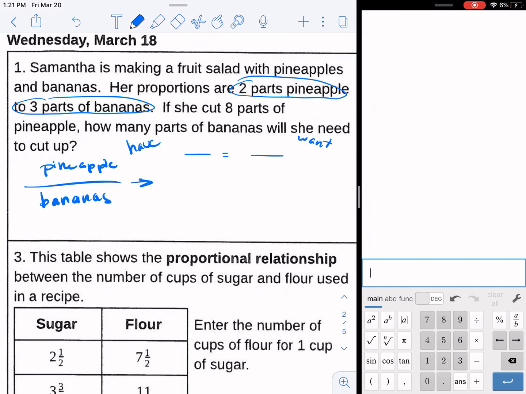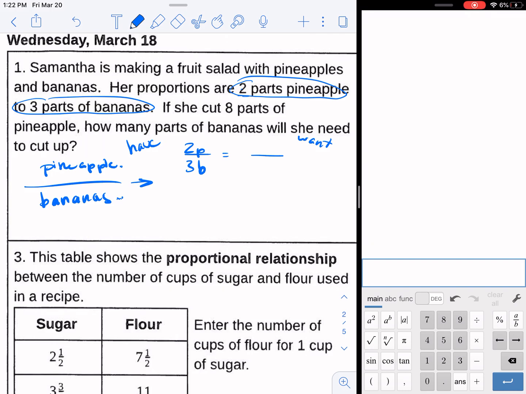In the numerator on this side right here, I know that's going to be pineapples. How many pineapples do we have? We have 2 parts pineapple. In the denominator, I know that means bananas, so I have 3 parts bananas.